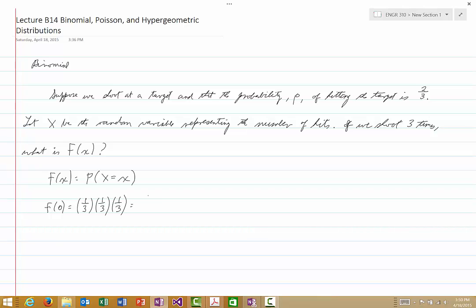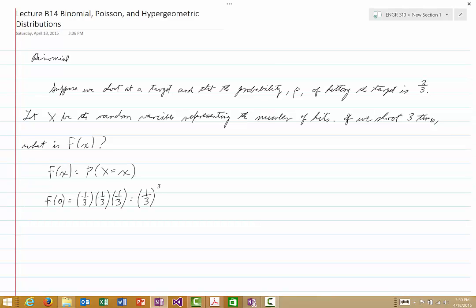And of course that's 1/27th. But for right now, I'm just going to write this as 1/3 to the 3 power. Actually, I'll leave it as it is.